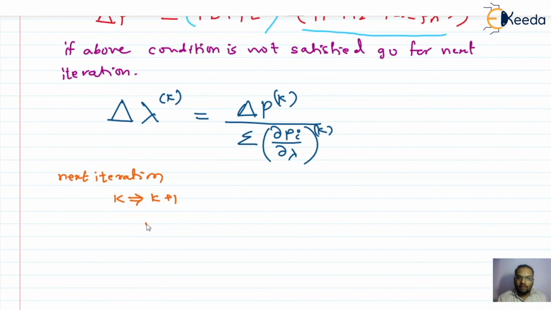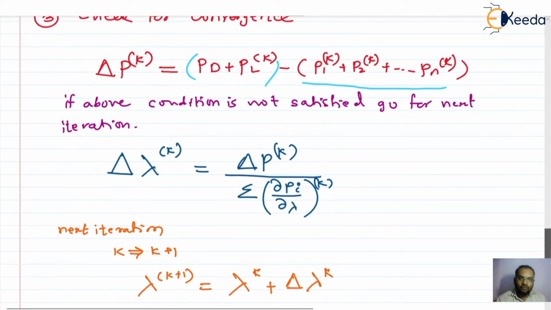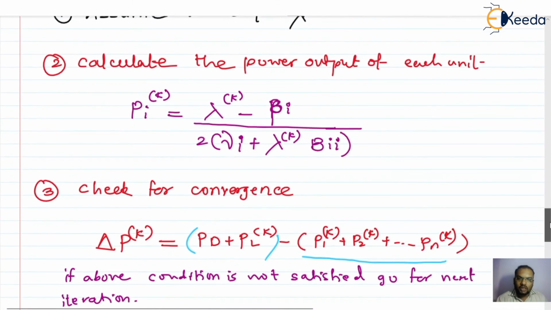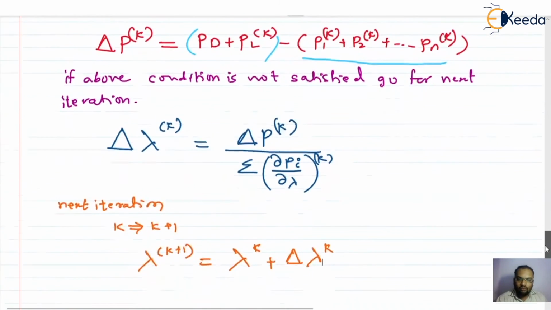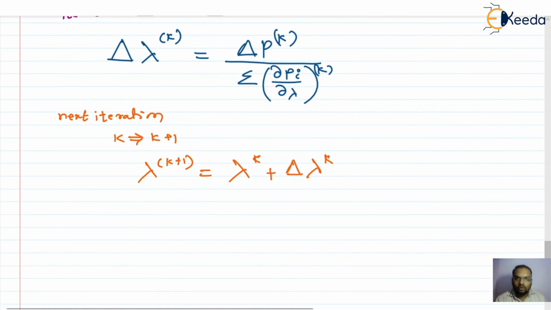So the lambda in the next iteration will be the lambda in the previous iteration plus this change in lambda in the previous iteration. This addition will give us the new value of lambda. Once we get the new value of lambda, we have to repeat step 2 and 3, going for step 2 onward.